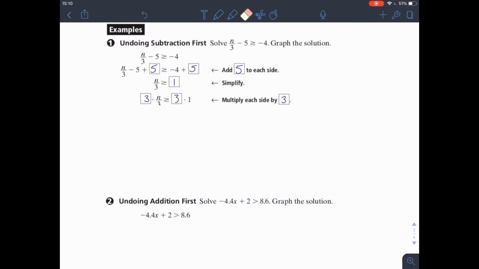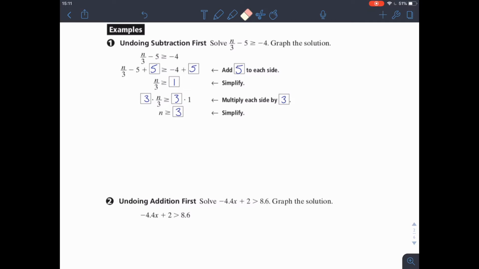Since I was dividing by 3, I'm now going to multiply both sides by 3. This cancels out the 3 that is with my n and leaves me with n is greater than or equal to positive 3. Because the number I multiplied by was positive, the direction of my inequality symbol stays the same.